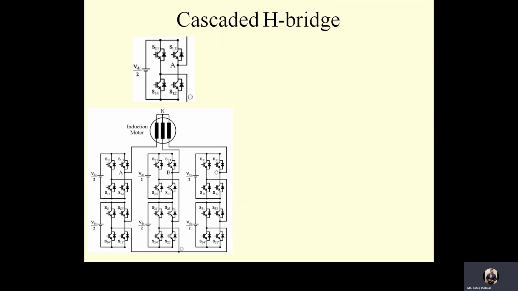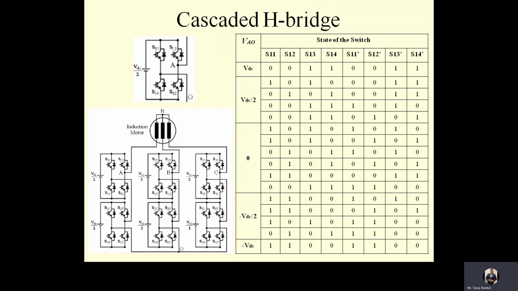The output of each cell is like a 3-level single-phase inverter and can attain any of the 3 voltage levels, which are VDC by 2, 0 and minus VDC by 2, depending upon the state of the switches. The 2 switches in each leg form a complementary pair, that is S11 and S14.